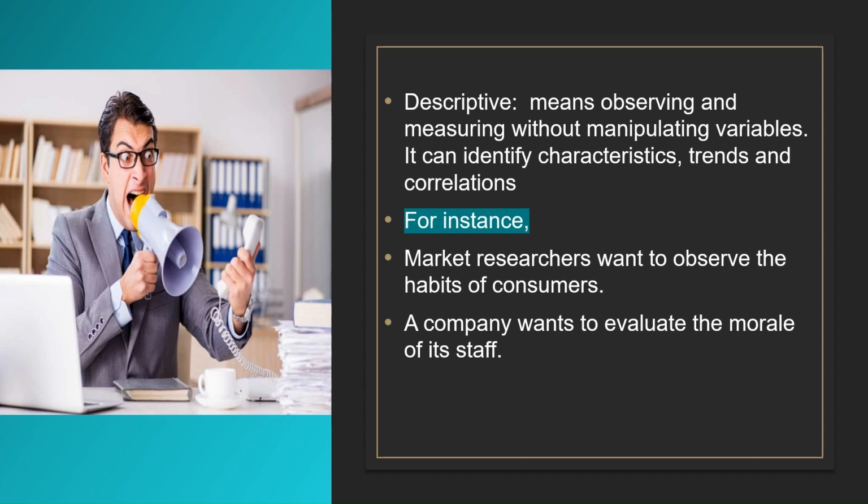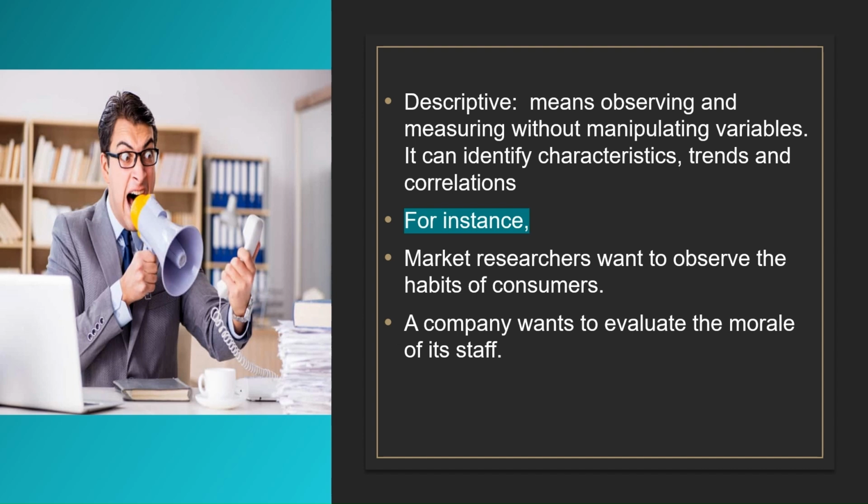So descriptive research is done to describe why people behave the way they do or to describe why something is as it is. That's what I mean by descriptive research. A research that you do to describe something. For instance, market researchers want to observe the habits of customers. So they want to find out where people go when they come to the mall.